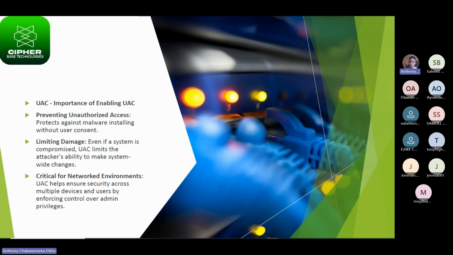The way it is done is, if you connect everyone to a particular Windows server in the organization, only one PC, which is the admin privilege PC, can actually control everything.